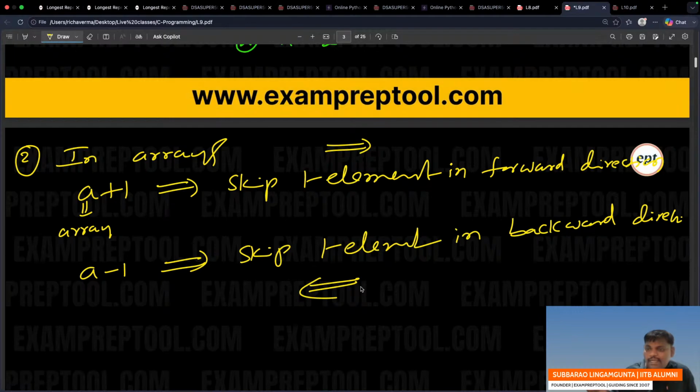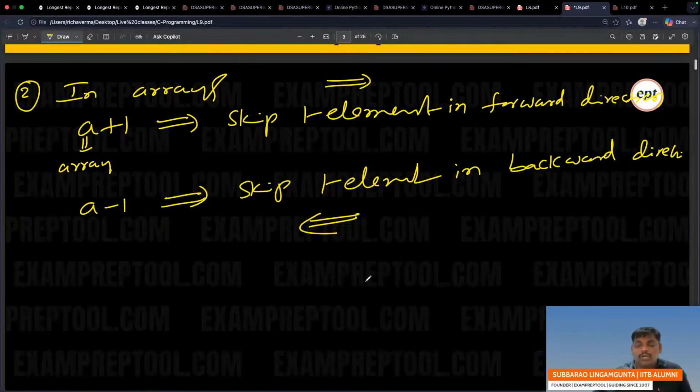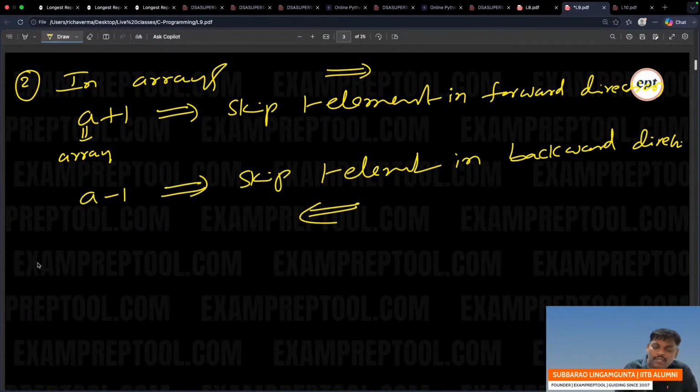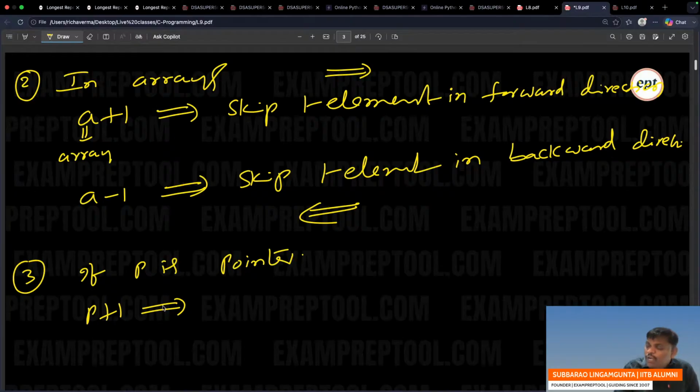Not only in arrays, similar way here also. If P is a pointer, P plus 1 means wherever P is pointing, if I say plus 1, it will point to the next element. Same story, skip one element in the forward direction.